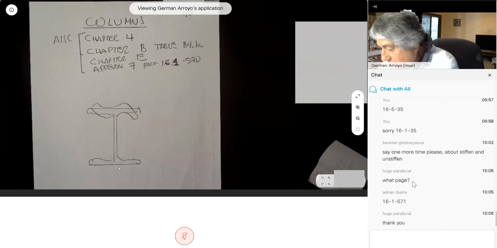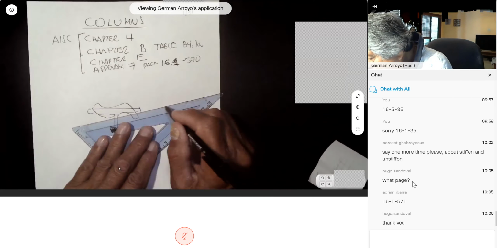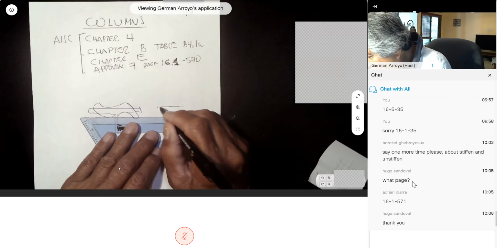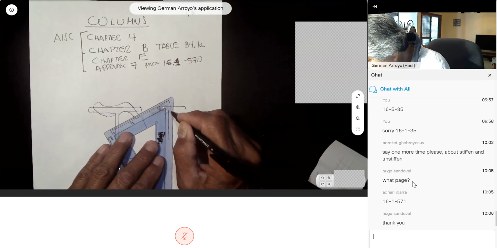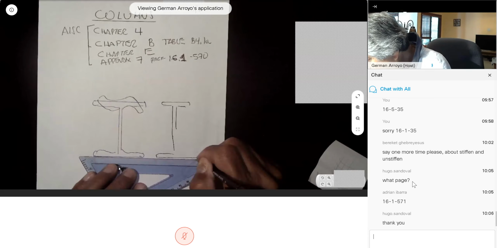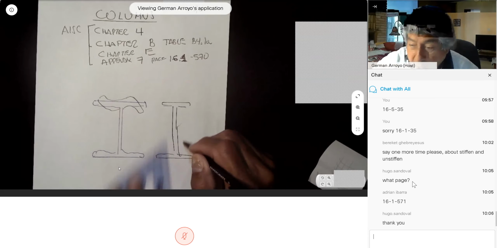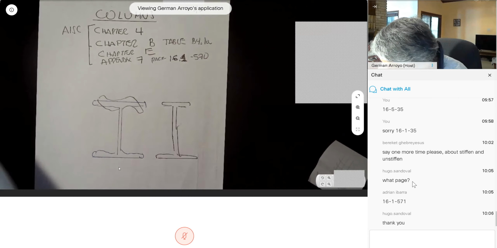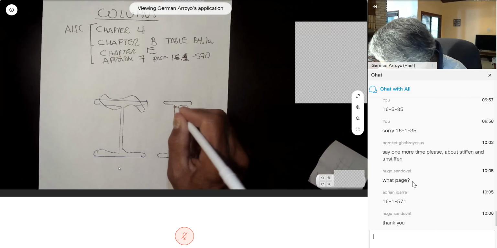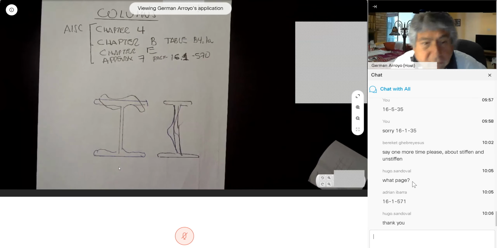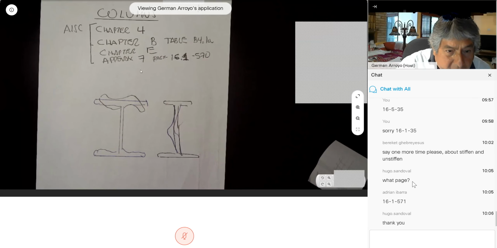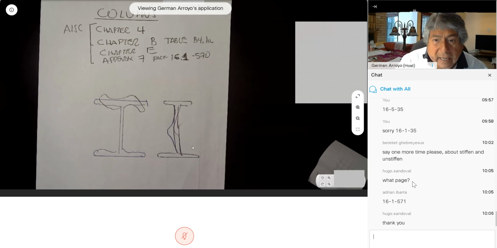But in comparison, if the web is going to buckle, it's going to buckle something like this, because it's supported here by the top and the bottom flange. So that's the difference between a stiffened and an unstiffened element.